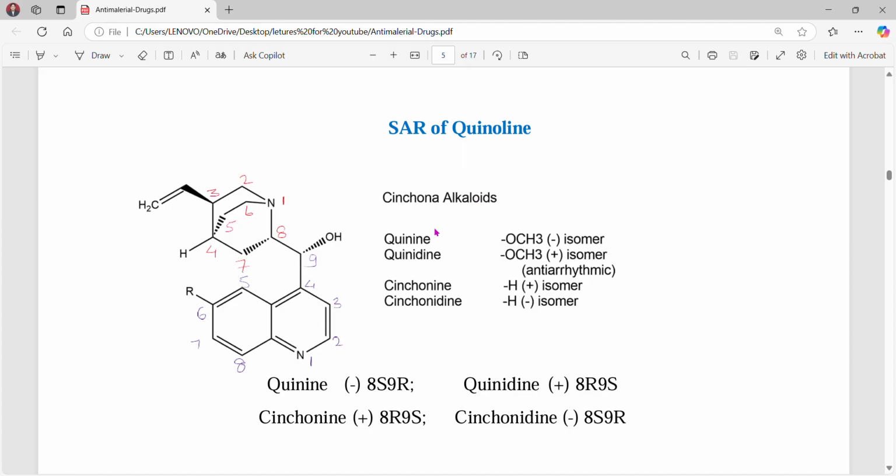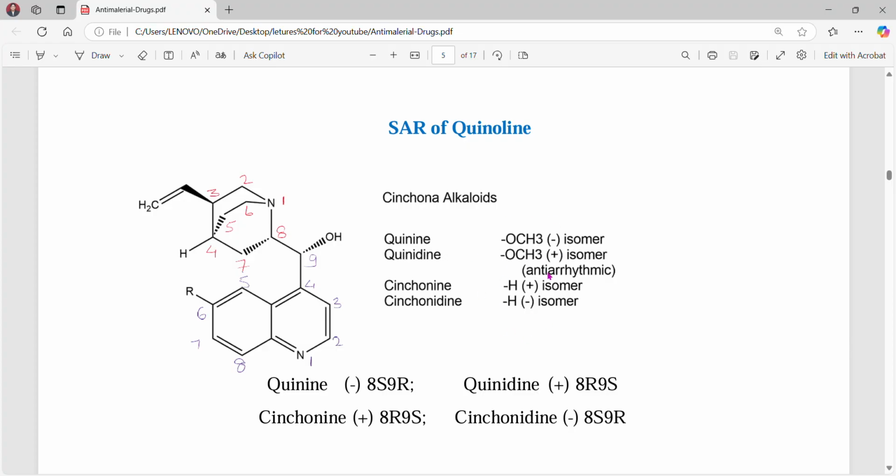No doubt we obtain 20 alkaloids, but these 4 alkaloids inhibit the merozoite stage, which is one of the important stages in the malaria life cycle.